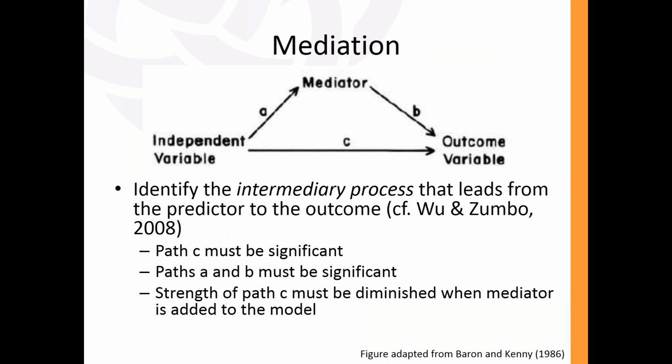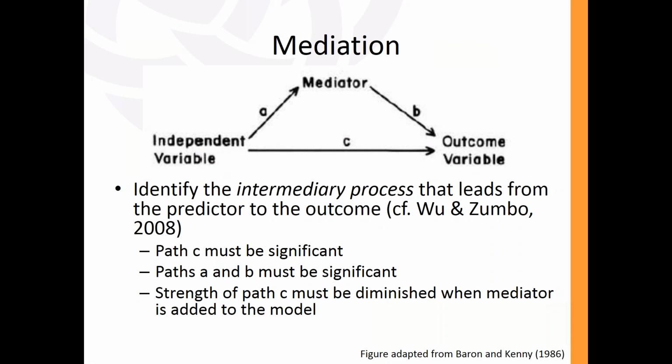So there are a few criteria that have to be met. The first of which is that this path C must be significant. In the very first place, there has to be a relationship between the independent variable and the outcome variable that can be mediated. If there's no relationship here, there's nothing to talk about.